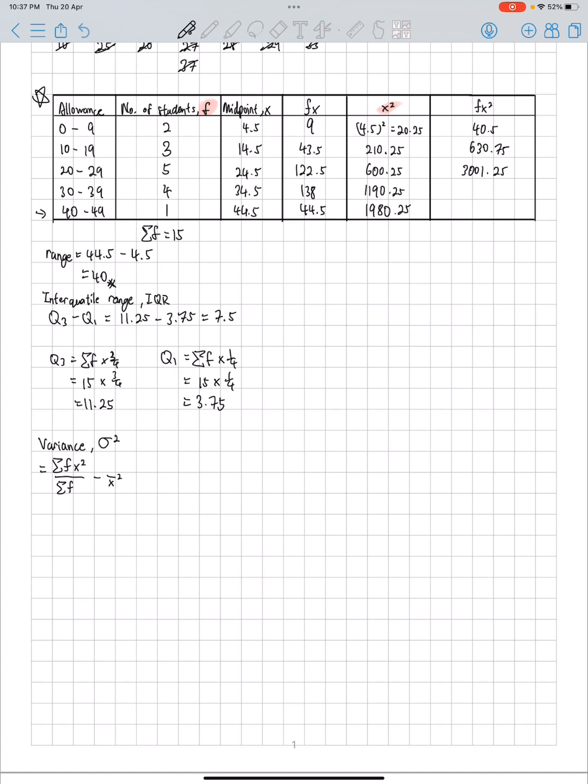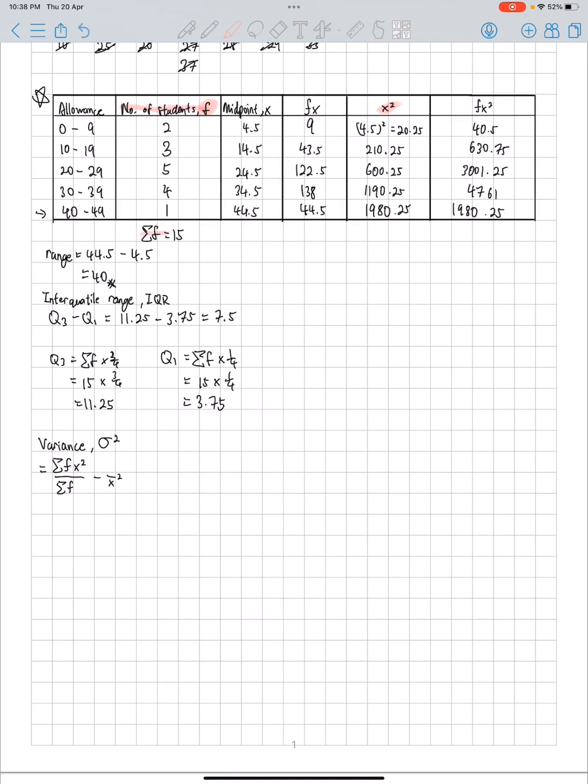And this one will be 4,761, and the last one is 10,000. It will be 1,980.25.